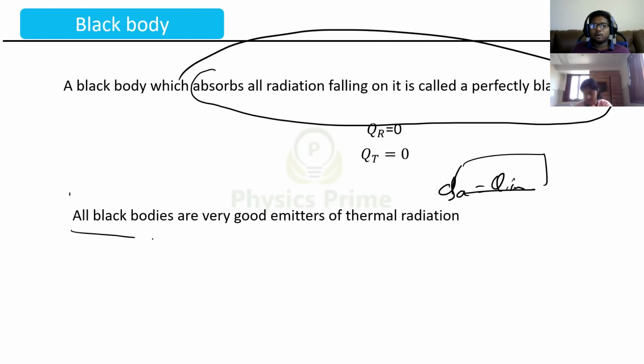Yes. So all black bodies are very good emitters of thermal radiation. Got it? Yes. So I hope you have understood till here, and in the next classes we will discuss different terms that are introduced in radiation, and Stefan's law, Newton's law of cooling, and Kirchhoff's law. A proper Kirchhoff is not done, no, Kirchhoff's concept I'm just introducing.